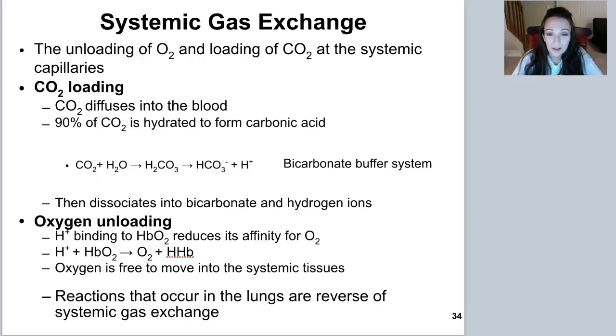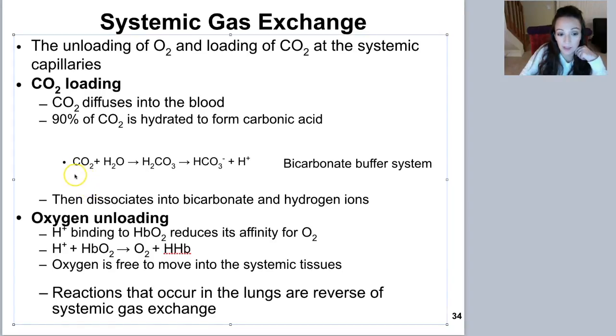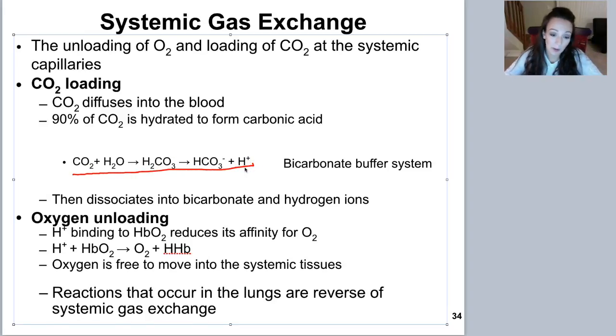Okay, so now that we've covered carbon dioxide loading from the tissue into the blood, and we've talked about how this carbon dioxide can cause a shift in this chemical equation right here, I want to go ahead and talk about oxygen unloading. So actually look at how the oxygen carried on the hemoglobin in the bloodstream detaches from that hemoglobin and then enters the tissue.